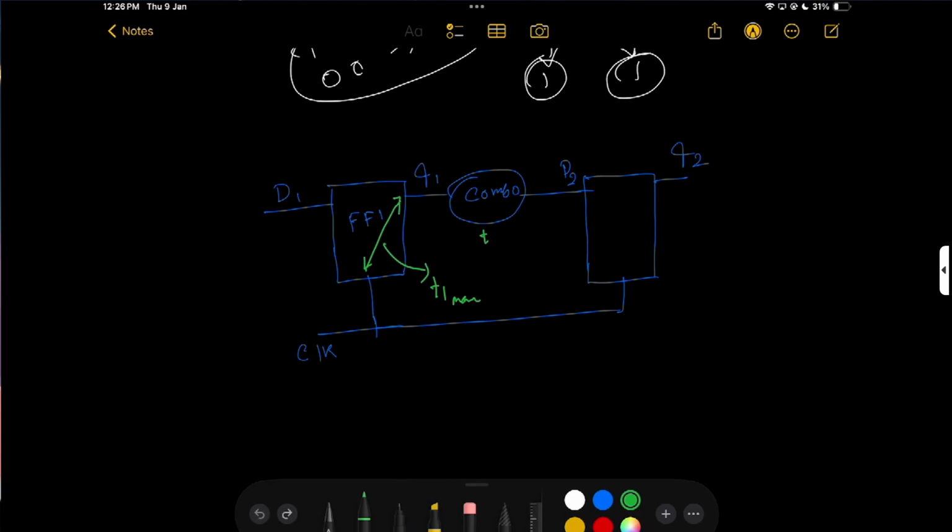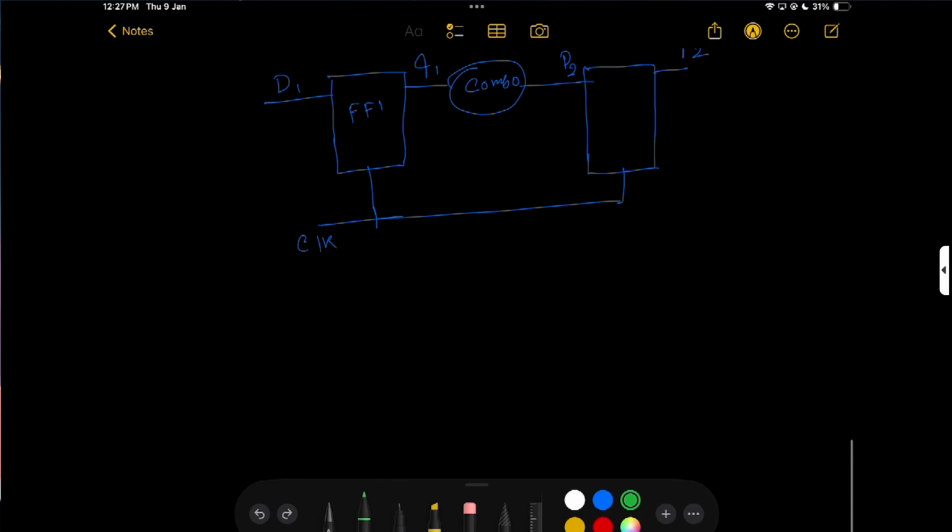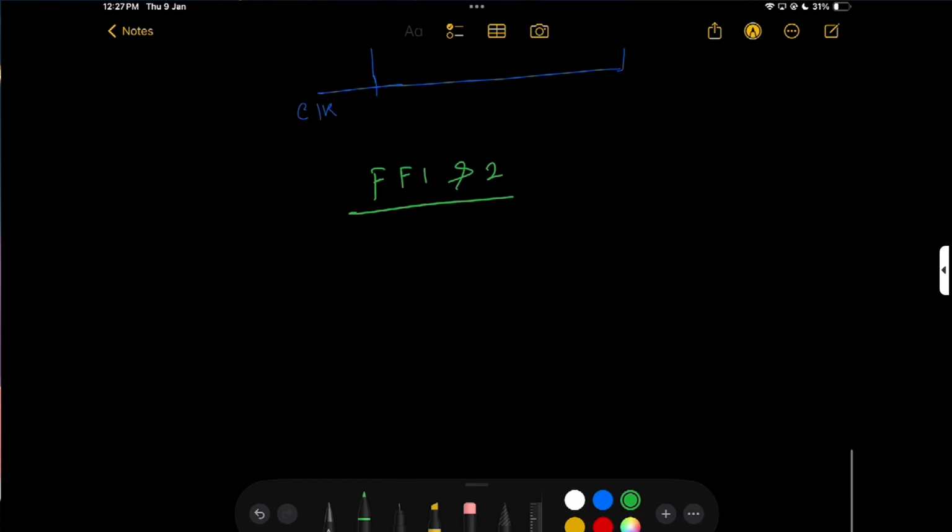Basically, I want to write that flip flops 1 and 2 both have some clock to Q delay, TCQ, that is max, T setup some delay, and T hold some delay will be there.